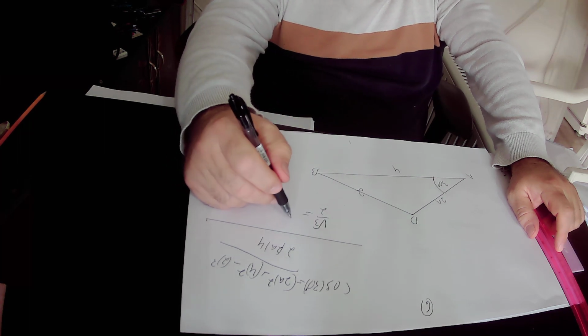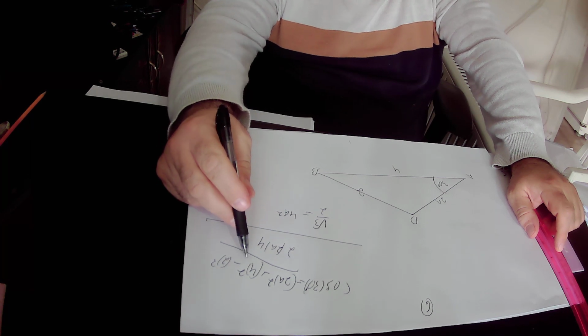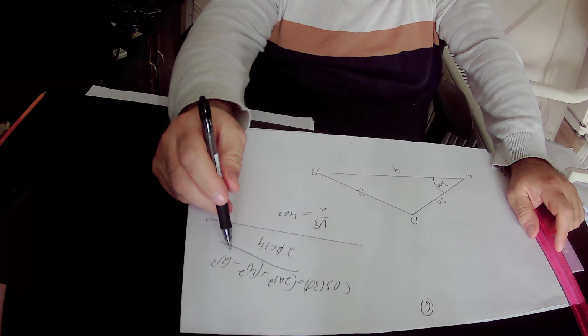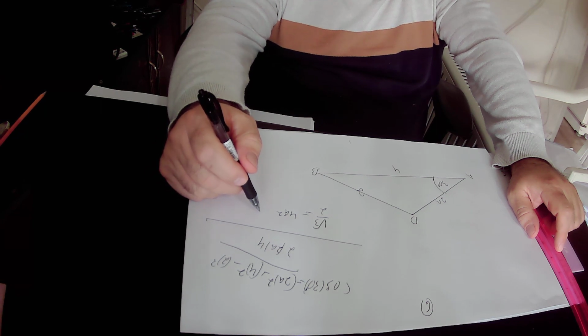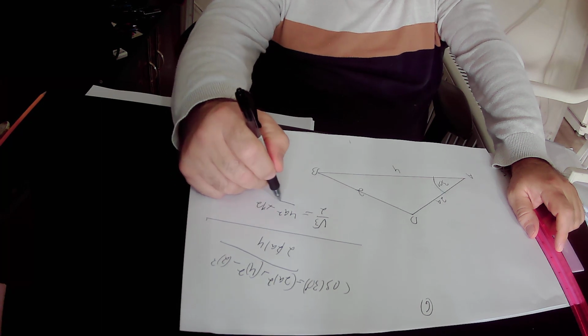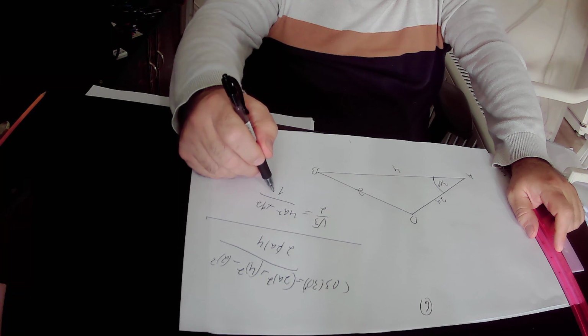Here 2 times A squared is 4 times A squared. 4 squared is 16. Minus 2 squared is 4. 16 minus 4 is 12. Over 2 times 4 is 8, and 8 times 2 is 16, so here we will have 16a.